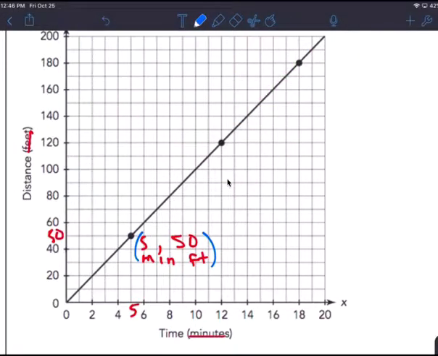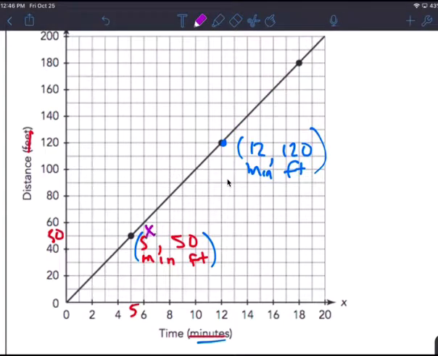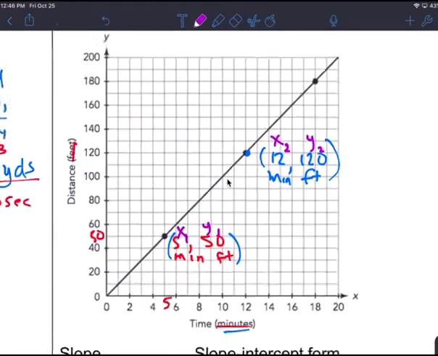Okay, and another point is 12 and 120. 12 is minutes. 120 is feet. Okay, and this is x sub 1, y sub 1. X sub 2, y sub 2.